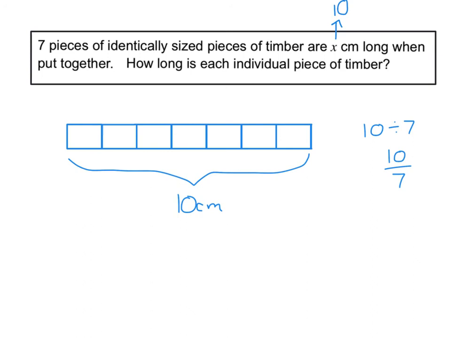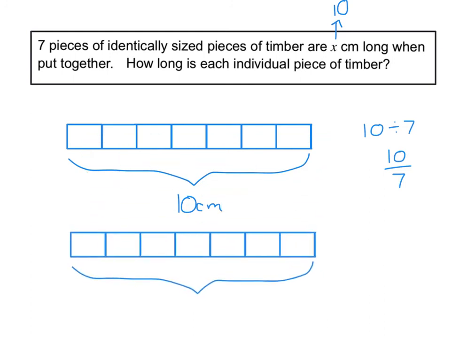So I'm going to copy everything, except this time they don't add up to 10 centimetres, they add up to x centimetres. To find the length of one of those pieces of timber, I'd still have to do x divided by 1, 2, 3, 4, 5, 6, 7. So it's either x divided by 7 or x over 7, and that's the answer that we prefer.